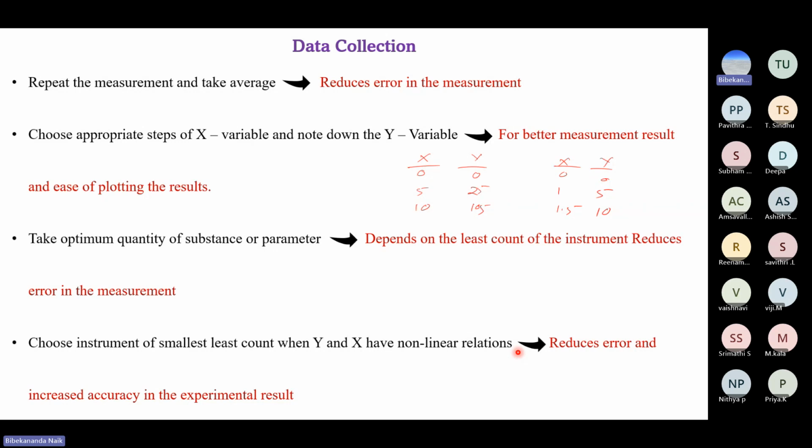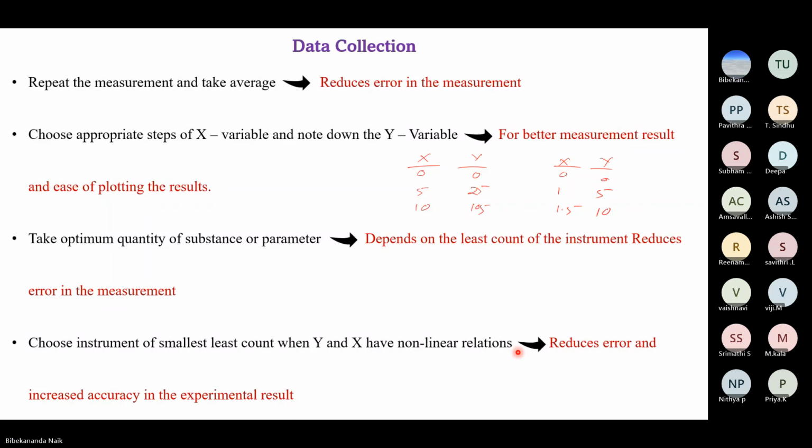Suppose we are calculating the volume of a cube, then the volume of a cube will be the cube of the side. When we are measuring the sides with a small scale whose least count is only 1 mm, and we measure it as 5.1 mm, then it will be 5.1 to the power 3, so that we will be calculating the volume of the cube.